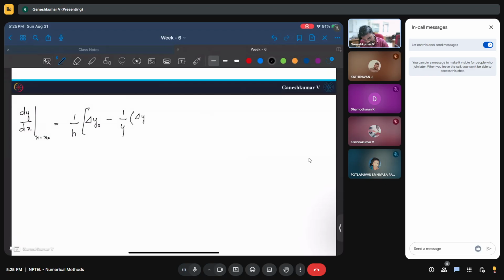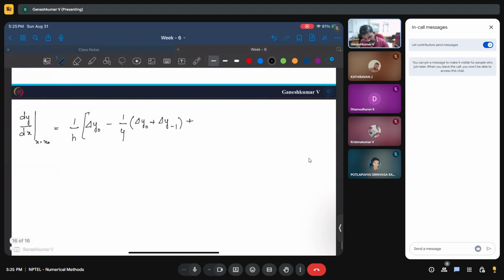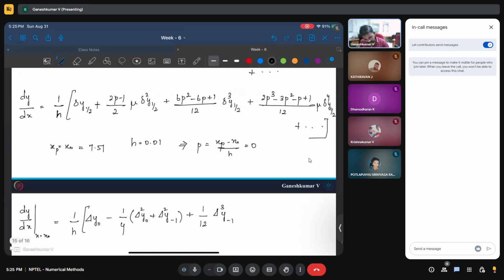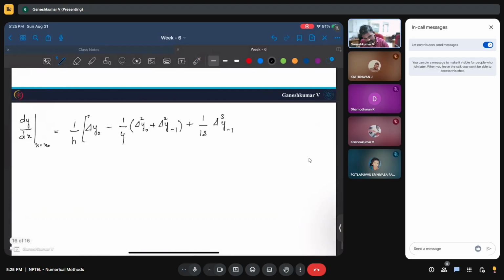Mu is delta y naught and delta y minus 1, and then plus 6p, all these things will go away, and then there will be just 1 by 12 left, and delta 3, sorry, delta 3 y minus 1. Then the fourth term, all these will go away. This will be 1 by 12, and there is a mu which has half, so we can write this as 1 by 24.